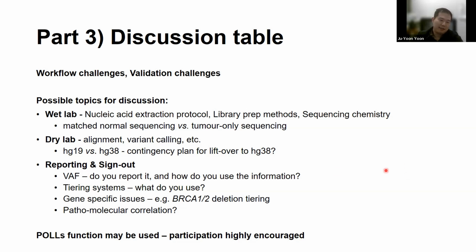One example here is HG19 versus HG38. For those of you who are not familiar with those terms, these are the different versions of the reference genome, and it has a huge impact on lab practice, but something that we don't really get to talk about all that often in a lot of other settings, except for very molecular specific meetings.